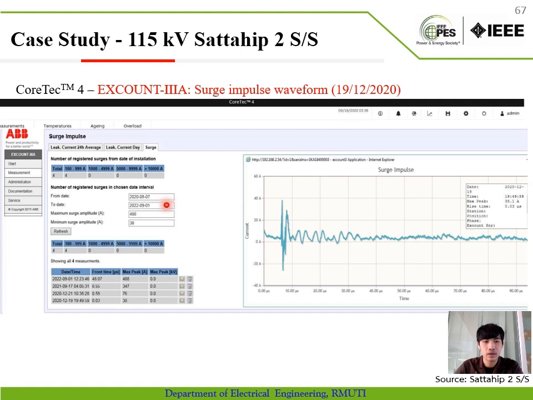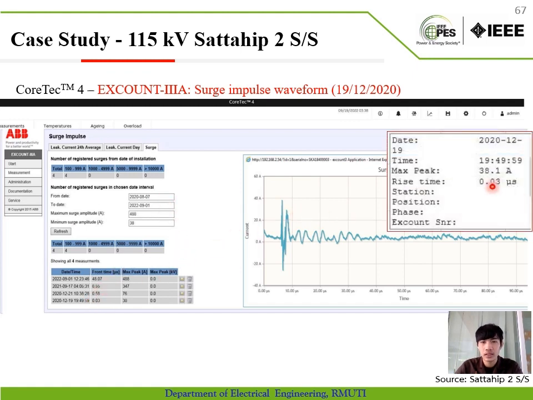By choosing the data interval, there are 4 surge impulses. The first one happened on 19 December 2020 with time of occurrence, max peak and time rise.